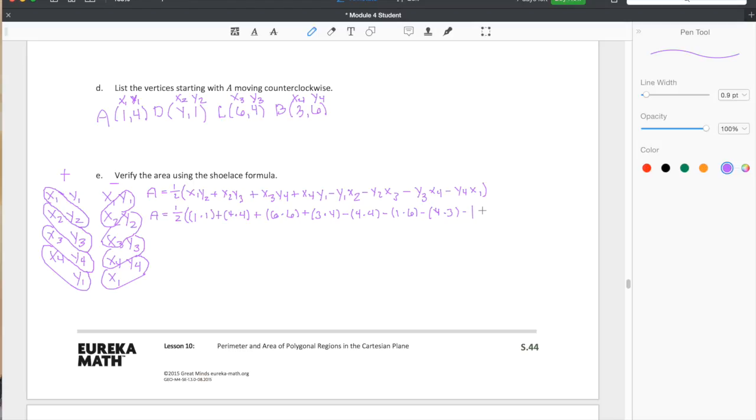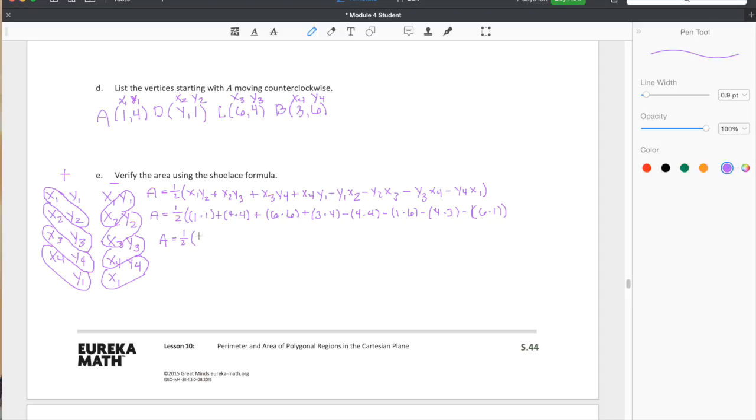And then we're going to subtract y4, which is 6, times x1, which is 1. And whew, that was a long process, but that's it. So now let's do the math within these parentheses.